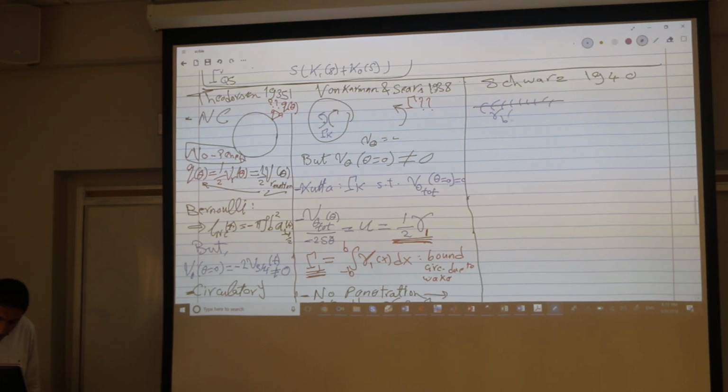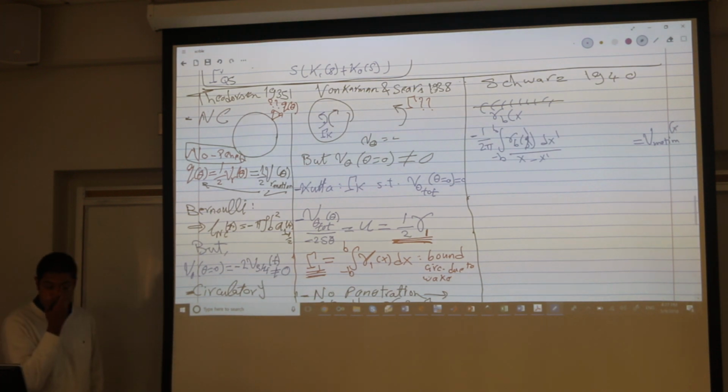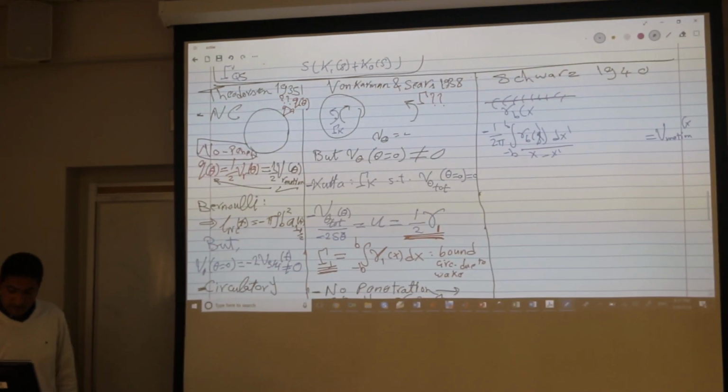bound of x, and here is your integral equation for gamma bound. This is the no penetration boundary condition, right? So this is zeta or whatever, x prime dx prime over x minus x prime, and this is equal to your v motion of x. Right? This is the exact same equation as for thin airfoil theory.